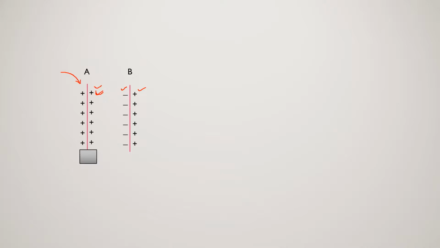But if we eliminate this positive charge also on the right side of B, then its capacitance can be further increased. So in order to increase the capacitance of conductor A, we connect the conductor B to the earth. Due to this, the positive charge on the right side of B will flow to the ground.